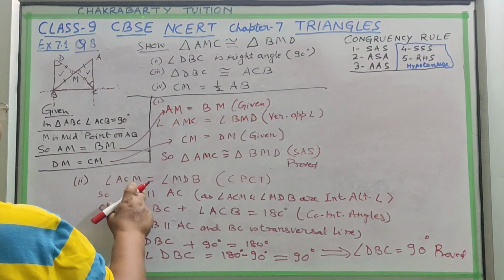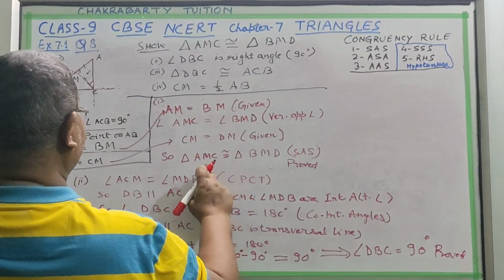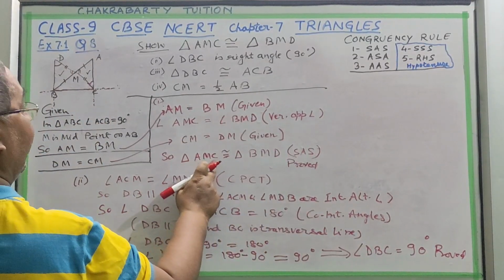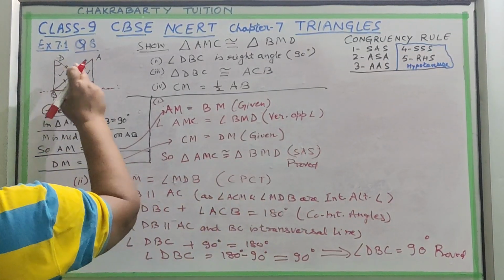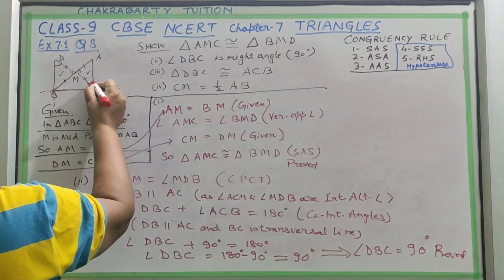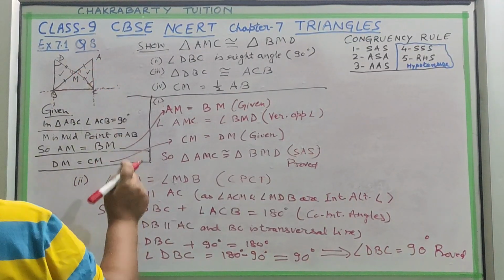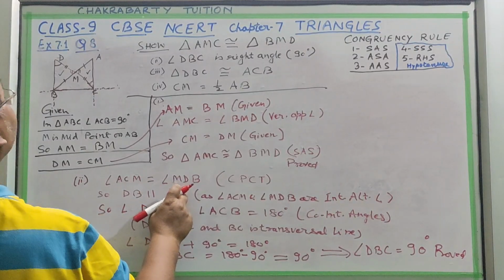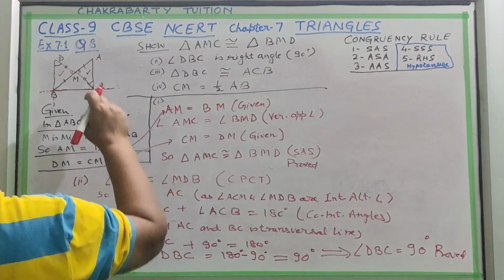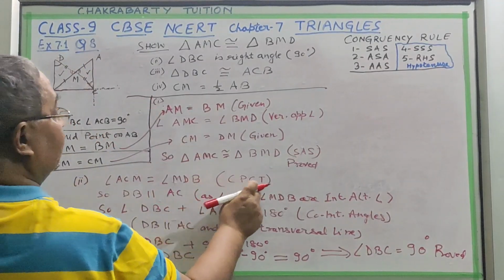Angle ACM, this angle ACM, is equal to angle MDB, because of congruent parts, so it is equal.